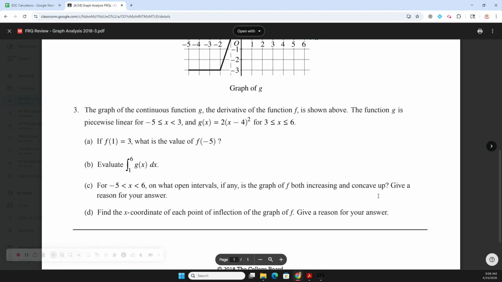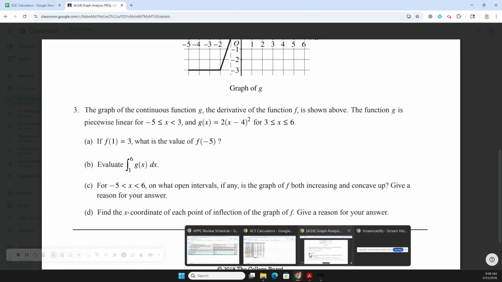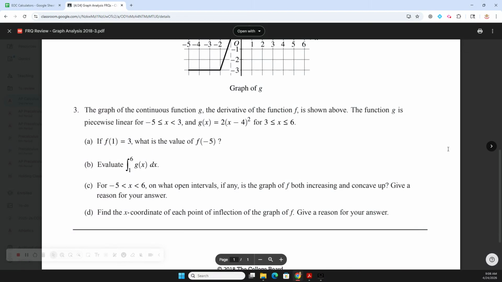So give a reason for your answer. That is the reason for your answer. So just make sure you do all the things they tell you to do.